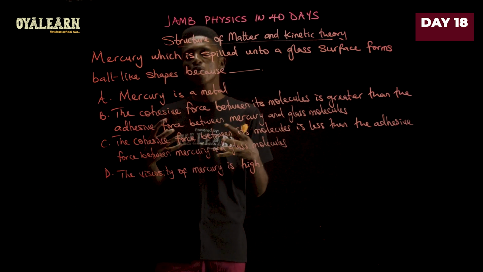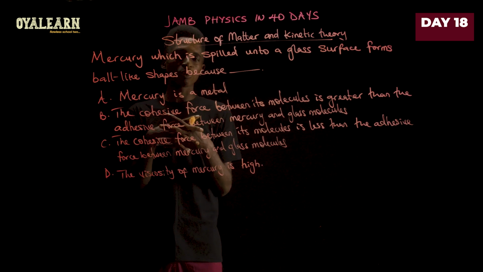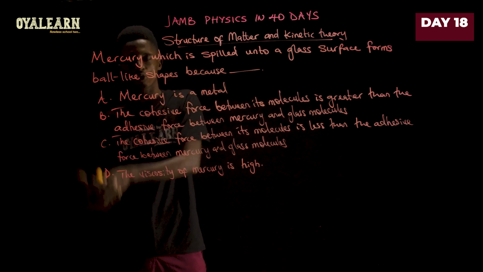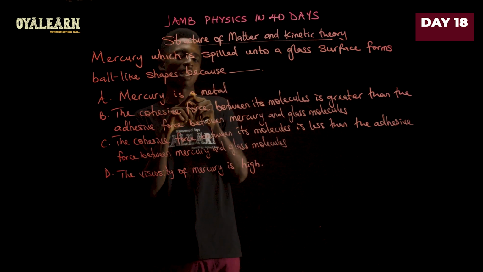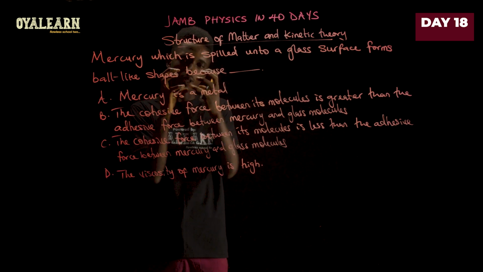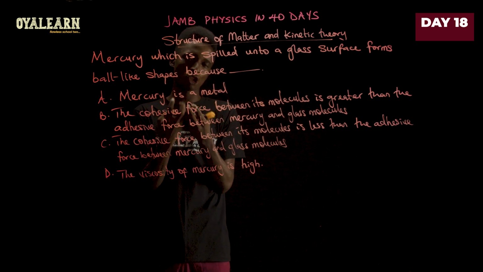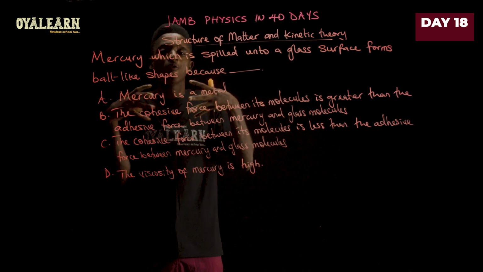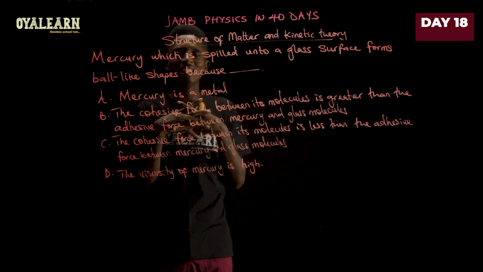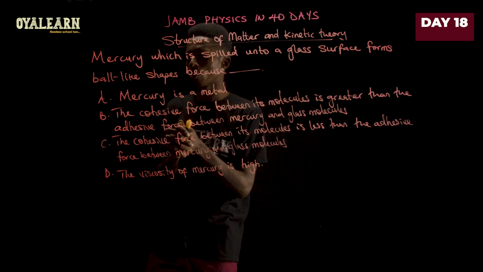So meaning that the molecules of mercury are going to stick together more than they will want to stick to the glass, which causes it to have that curvy meniscus, such that it's forming that ball-like shape, because it is refusing to cling to glass but rather preferring to cling to their individual molecules even more tightly.